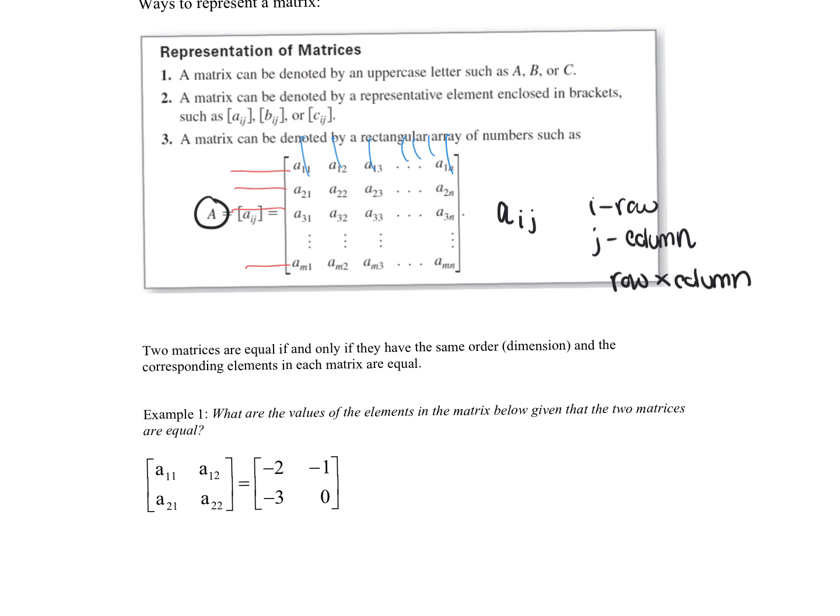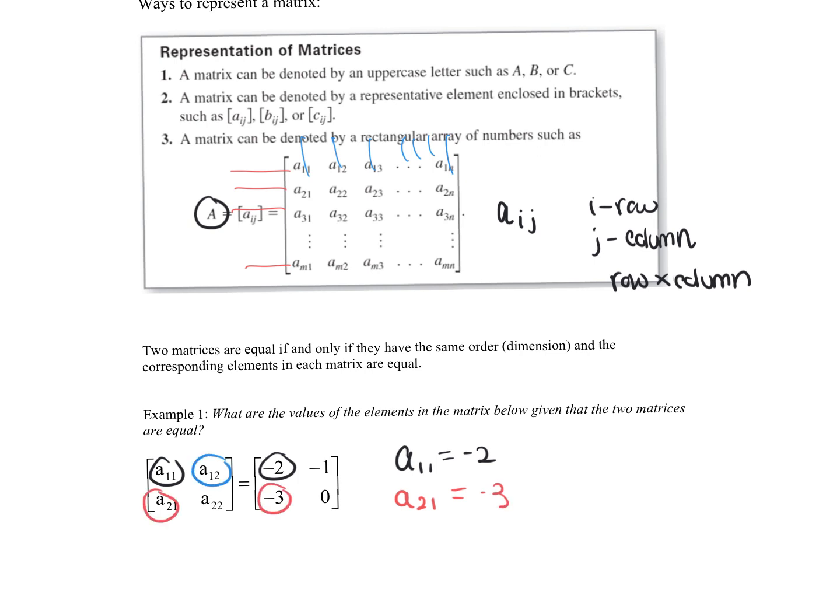So it says, what are the values of the elements in the matrix? If I go down here and write them, A11, row 1, column 1 is -2. A21, row 2, column 1 is -3.